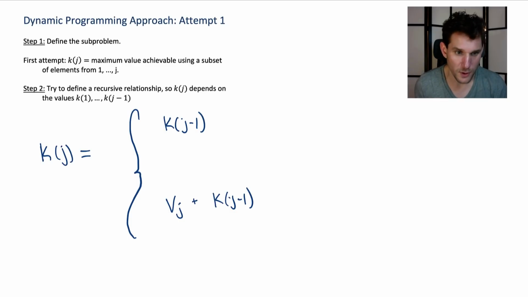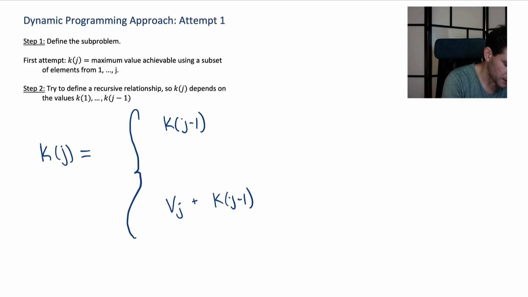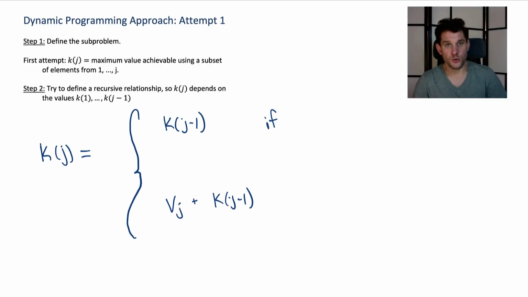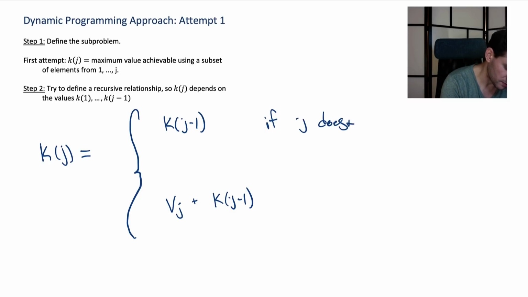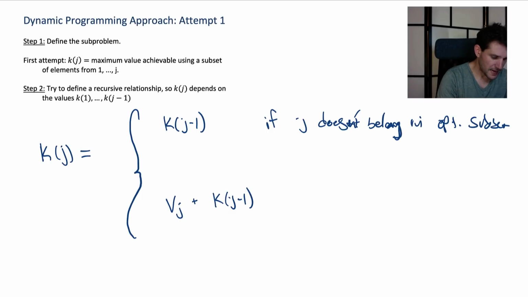If you were to follow along with this attempt, what you would presumably try to do is to break this k of j, to reduce k of j to two possible cases. One is the case where j doesn't belong in the optimal subset, and the other is if j does belong in the optimal subset, then you're going to get this expression.